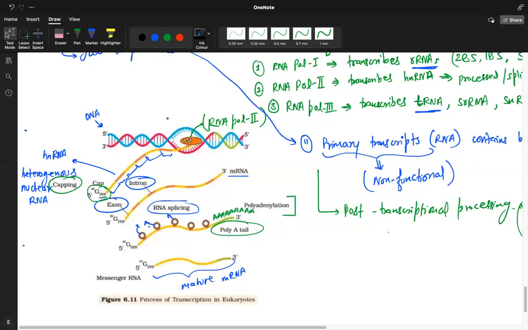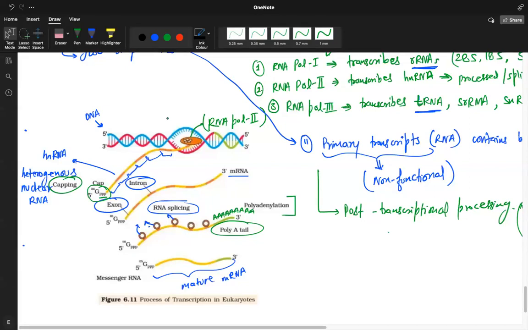So now with recent studies and research work into RNA biology, we started to understand that this complexity of having a split gene arrangement and the need for splicing is not just by chance present.